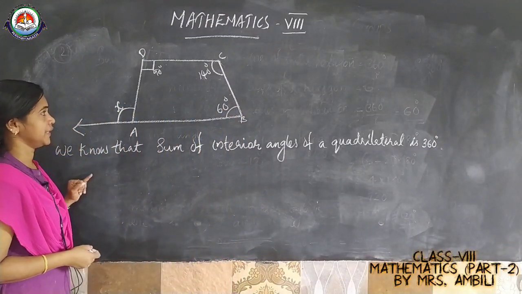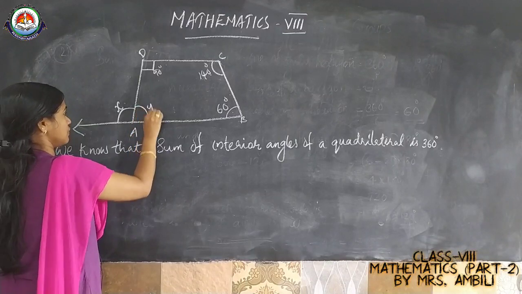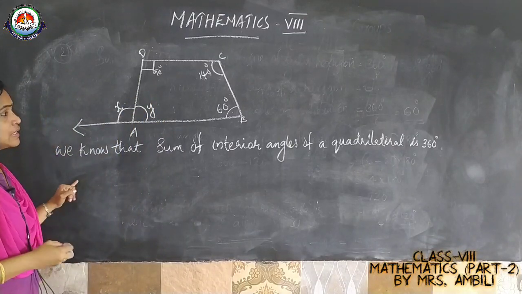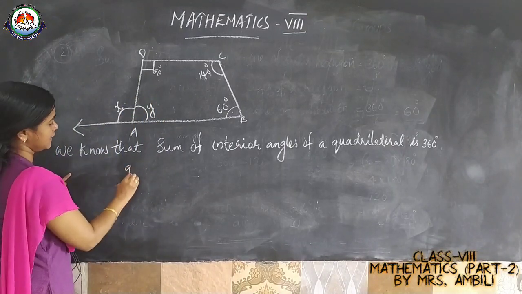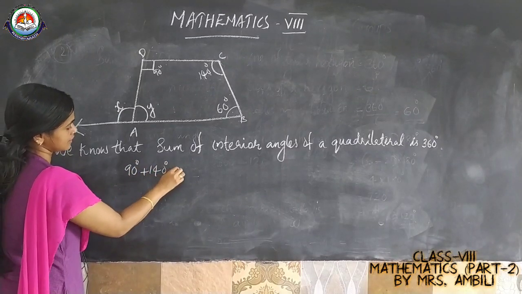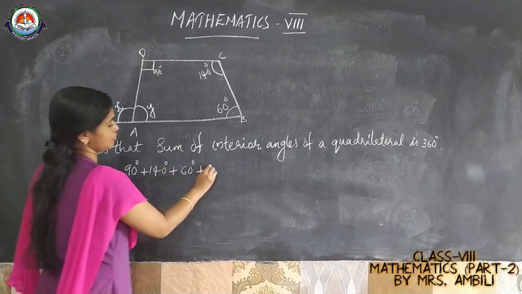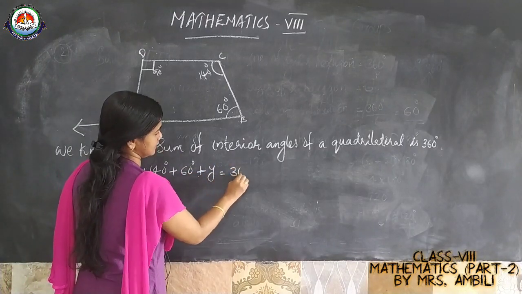That we can apply here. 3 angles we know, and this one we need to find out, so we can name it y. So we write 90 degrees plus 140 degrees plus 60 degrees plus y equals 360 degrees.